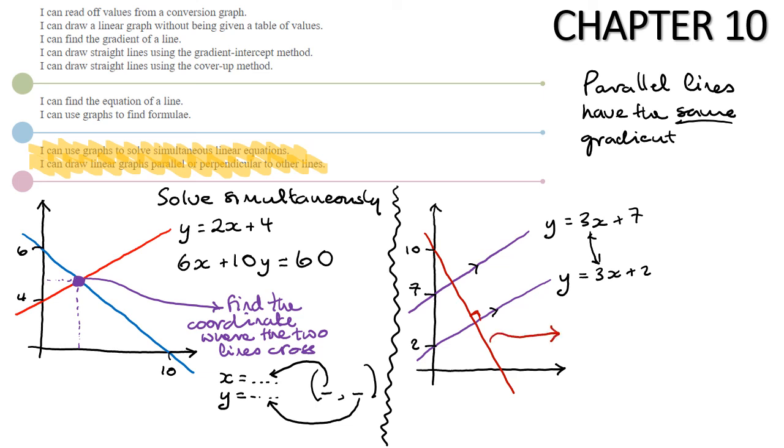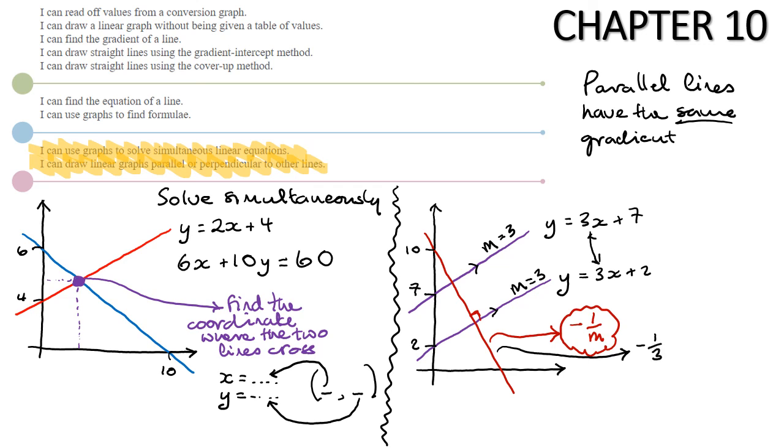Yes, we can. There is a link between the gradient of a line and the gradient of a perpendicular line. If you have a perpendicular line, its gradient is -1/m, where m is the gradient of the original line. Okay, so if the gradient of the original line is m, which is 3, the gradient of this line is going to be -1/3.